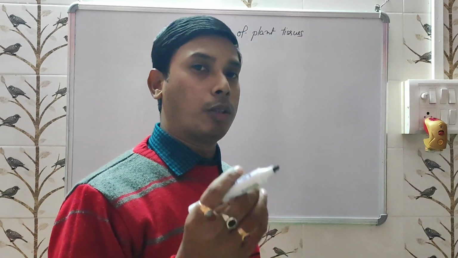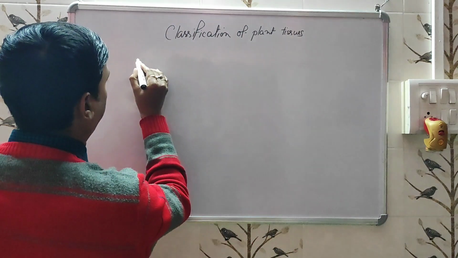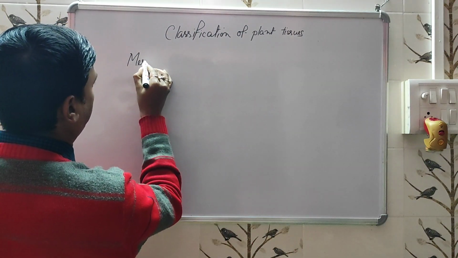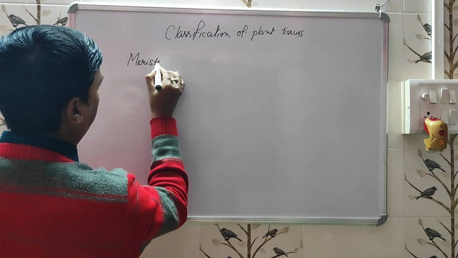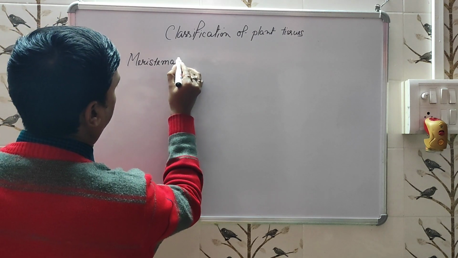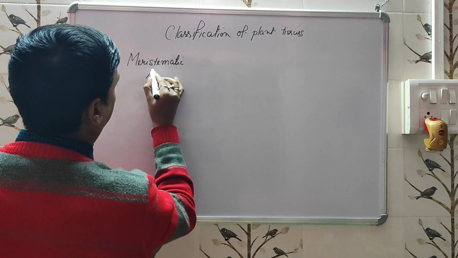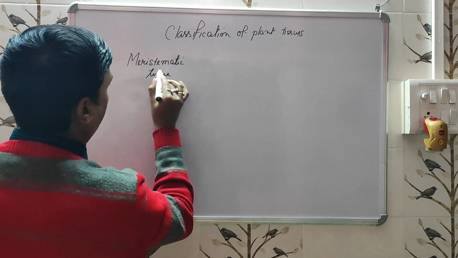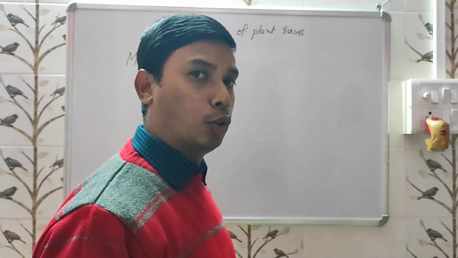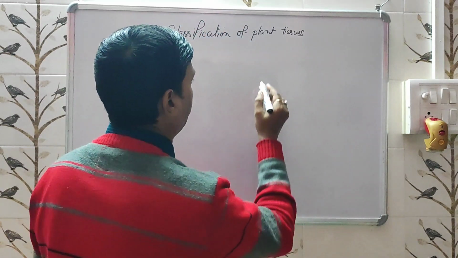One is called meristematic tissue, and another type is known as permanent tissue.